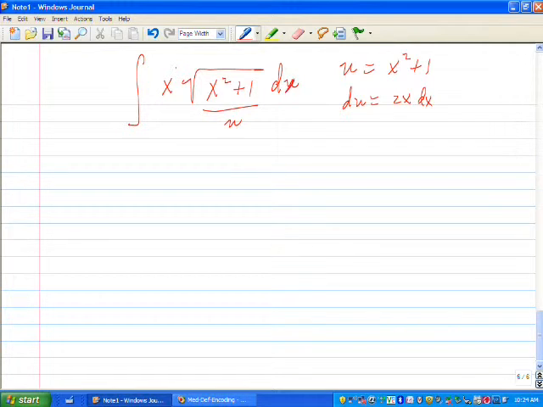Then we get that x dx is equal to du over 2.